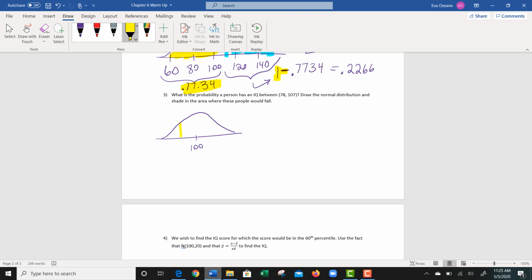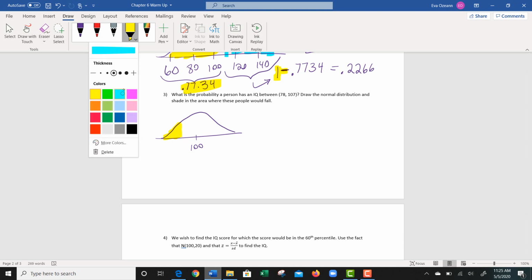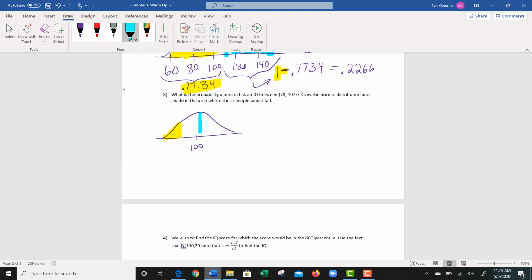So 78 and below would be here, and 107 and below would be right here. So what we're interested in is the difference between the two. So what we're going to do is find the z-score for both.